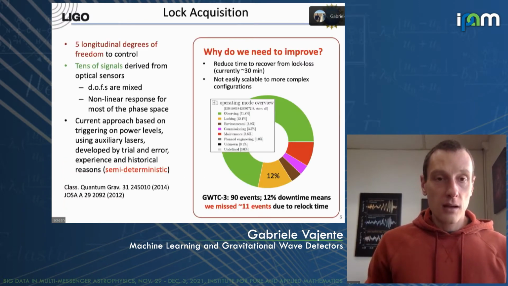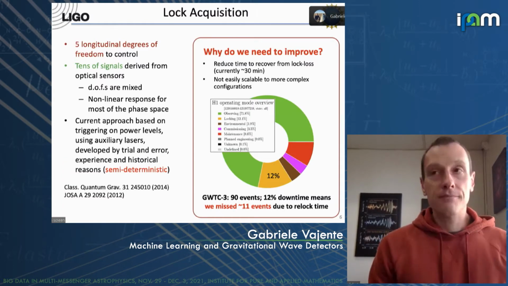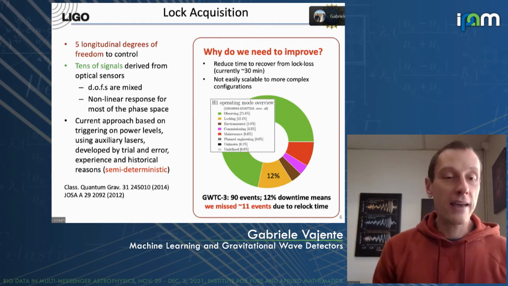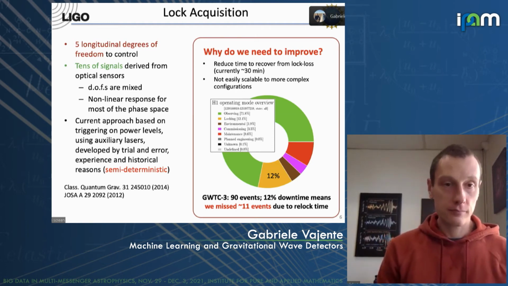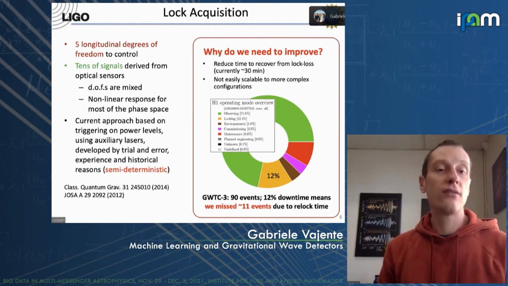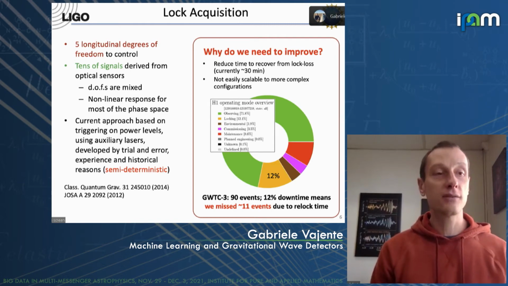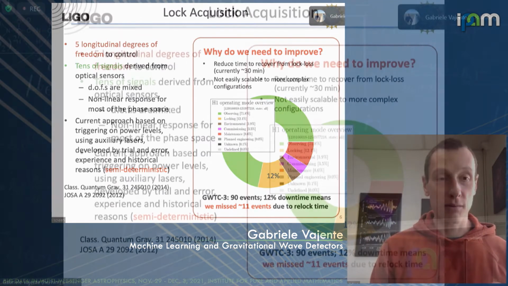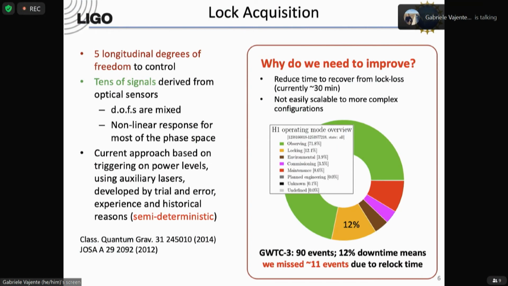First of all, let me try to convince you why it is interesting to do this. As I said, we have 5 longitudinal degrees of freedom, just restricting to, let's say, a relatively simple problem. And we have tens of signals that are derived from the optical sensors. Again, we have a readout of all the degrees of freedom that are mixed, and the response of those signals for most of the phase space is nonlinear.